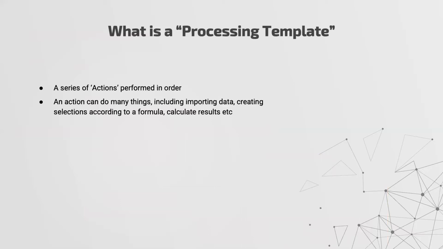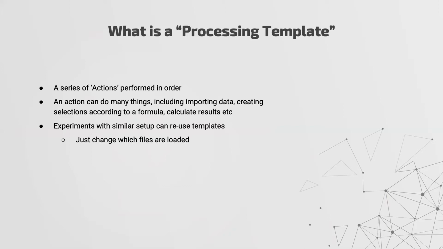Okay, so I've been talking a lot about processing templates, but I haven't actually explained what one is yet. So what is a processing template? Well, basically, it's just a series of actions that are performed in order. A little bit like a macro, if you think of it that way, or like a recipe. And an action in iolite can do a bunch of things. It can be importing your data, it can be calculating results, those sorts of things.